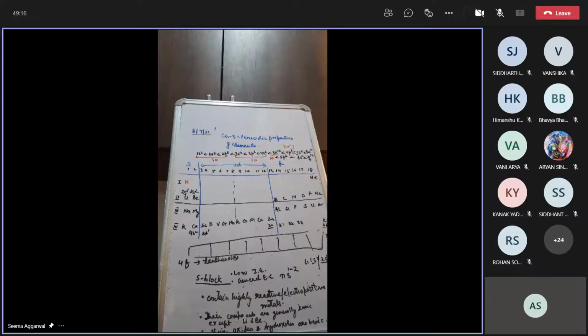So their general electronic configuration, that is outermost, is ns1 to 2. S block always have 1 to 2 electrons in their outermost shell. Is it okay? Now we are going to do the P block elements.